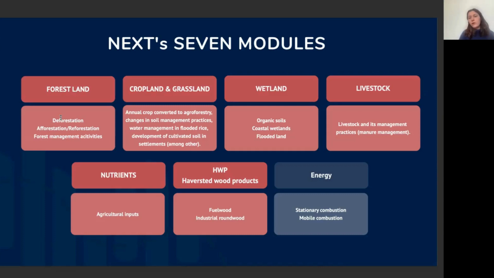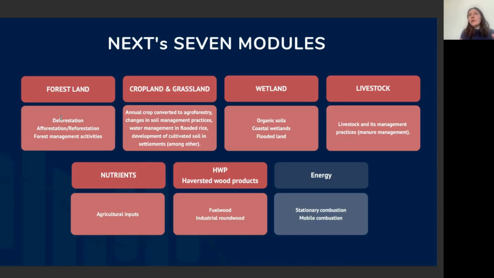HWP, so harvested wood products, to see if you're going, for instance, to have plantation of trees specifically to use as fuel wood or industrial roundwood. You would put information in that to have estimates. And the last one that we created is not part of the IPCC definition of the AFOLU sector.